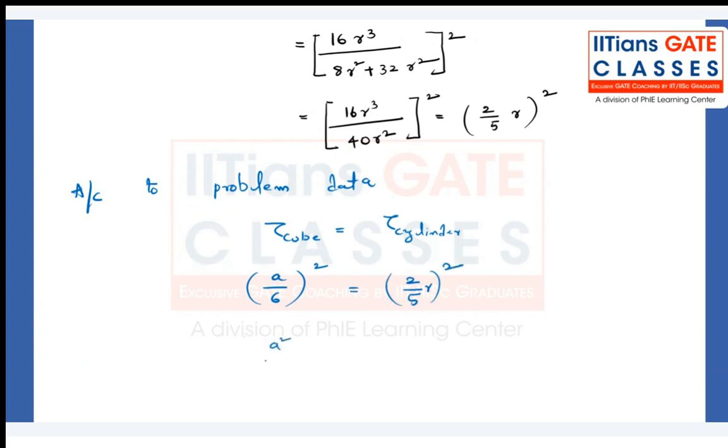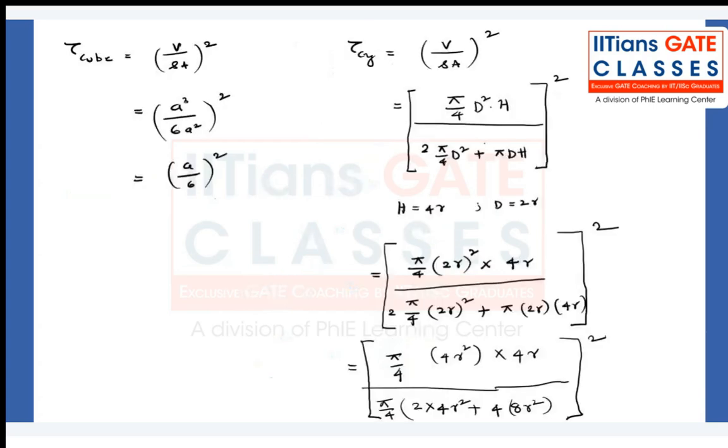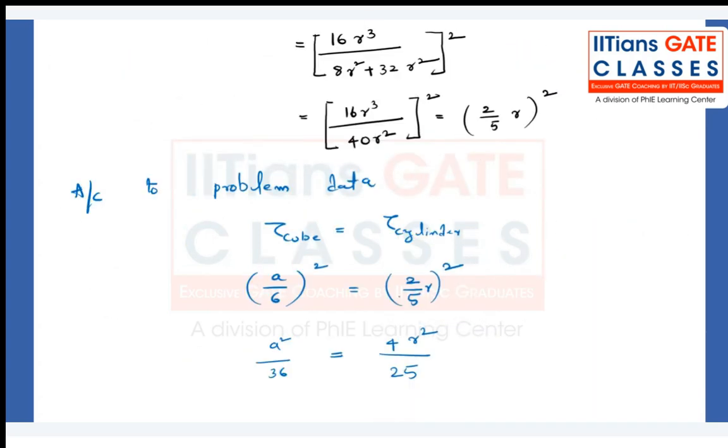Now here it is going to be a square by 36. Then here I can write it is 4r square by 25. Clear, everybody, guys? Now what we need to find? We need to find r by a, right? r by a.